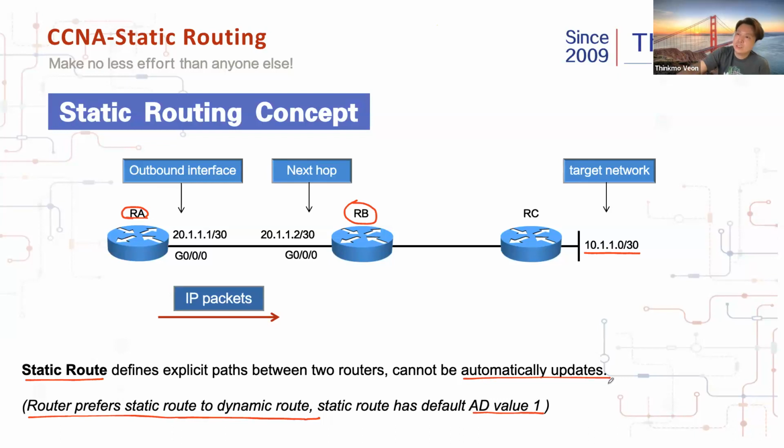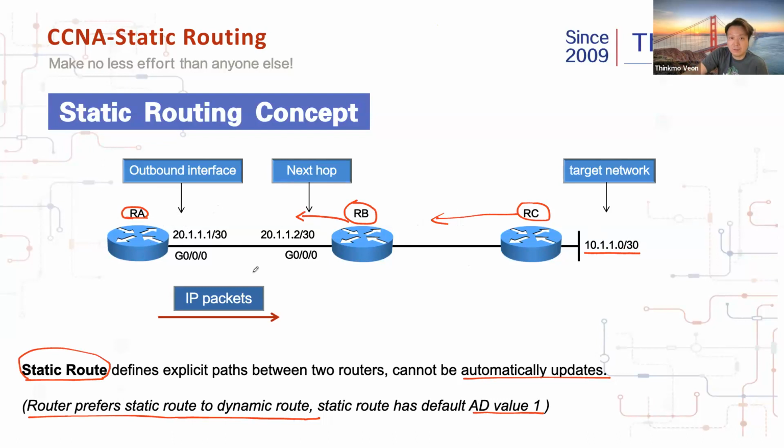Okay, so let me repeat again. For router A, if router A needs to go to 10.1.1.0/30, we have two ways to get the route to reach this destination. One is static route. The other way is dynamic routing, where I learn from router B so that I will know how to reach this network, or router B will need to learn from router C to reach it.